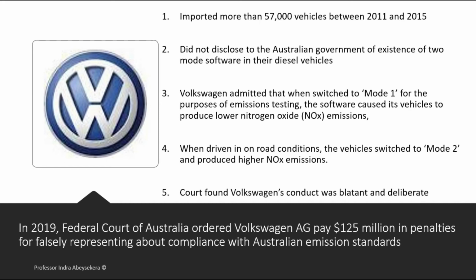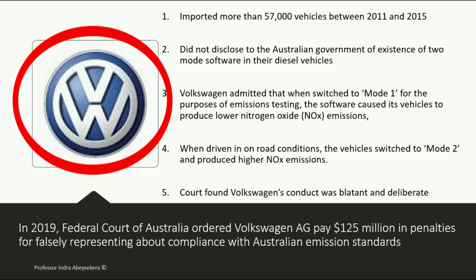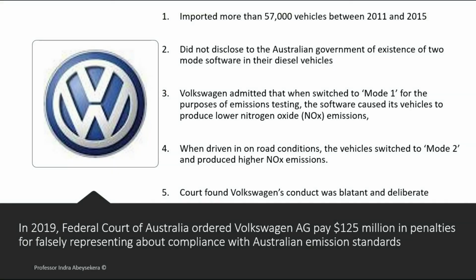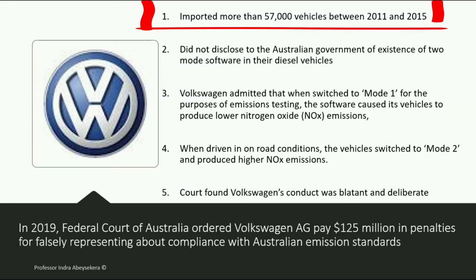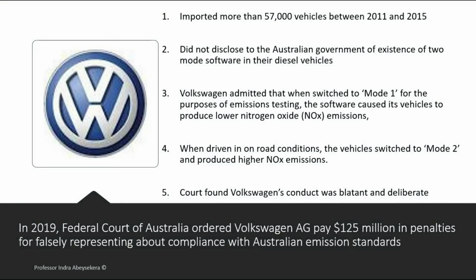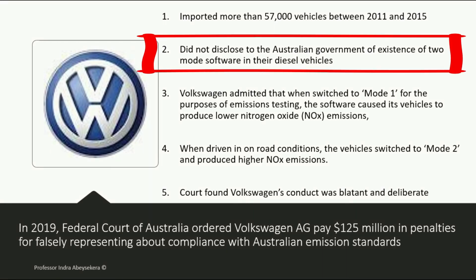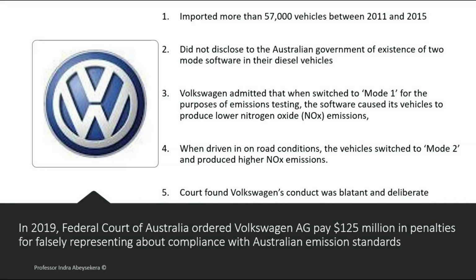An example of the strategic position and its changes can be looked at through Volkswagen. Australia imported more than 57,000 vehicles between 2011 and 2015, but Volkswagen did not disclose to the Australian government the existence of the two-mode software in their diesel vehicles.